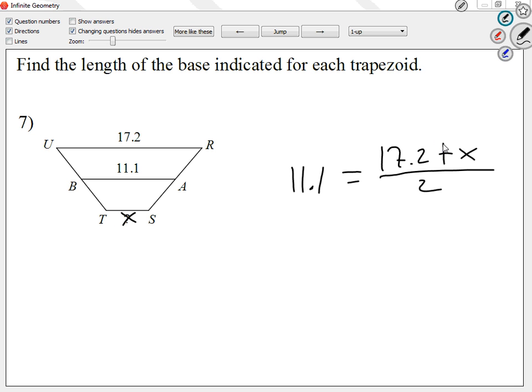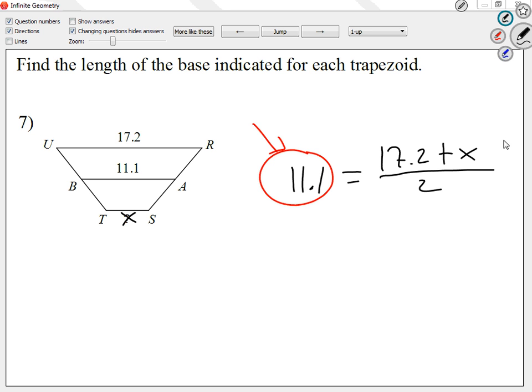On the top of the fraction, what I add is always the bases, whether the bases are numbers or whether the bases have X. Like I said, the number by itself, in this case this number right here, is not always X. Sometimes the X comes in the fraction. Remember, in the fraction, what I add on the top are the 2 bases. Obviously, the fraction we cannot simplify. 17.2 plus X divided by 2 we cannot simplify.